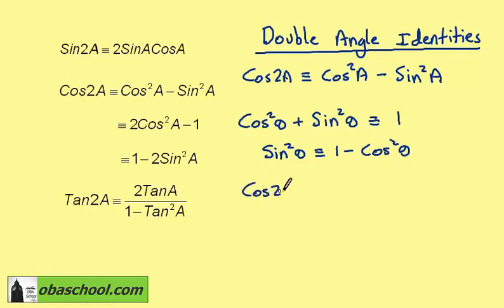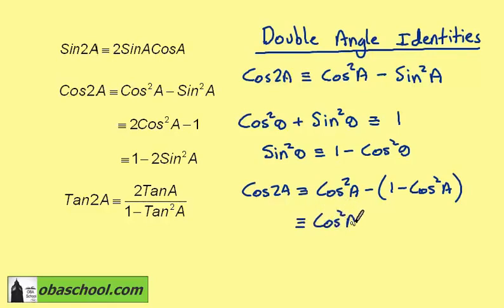So cos 2a is going to be cos squared a, take away 1 minus cos squared a. So we've just replaced the sine squared a. Expanding the bracket, we get cos squared a, take away 1 plus cos squared a, which is 2 cos squared a minus 1.